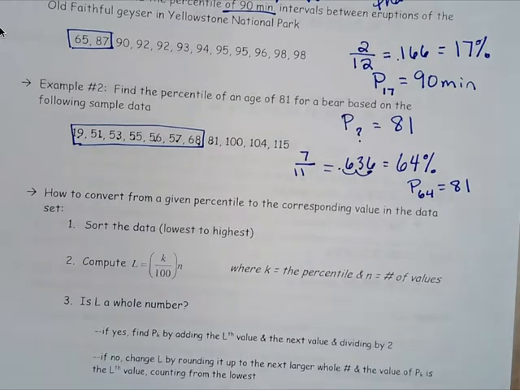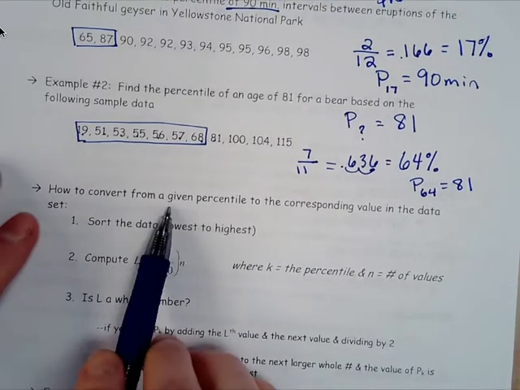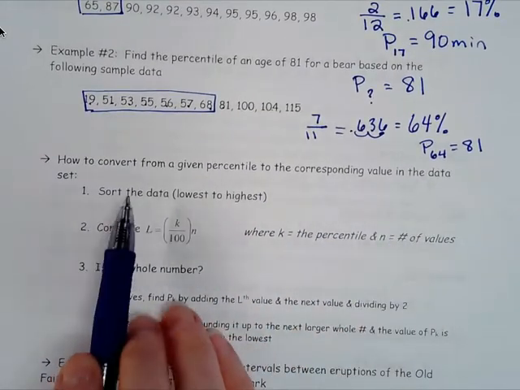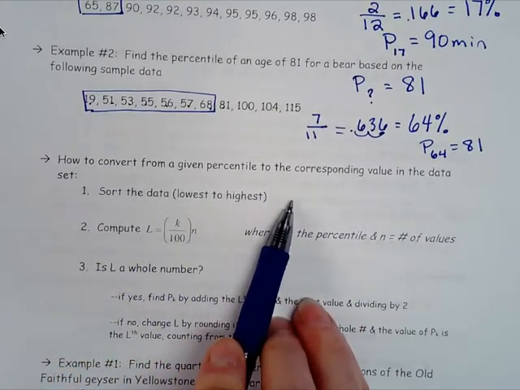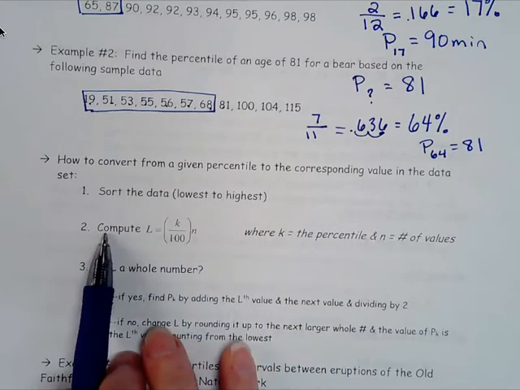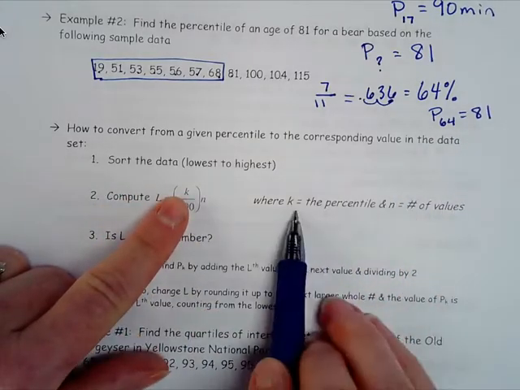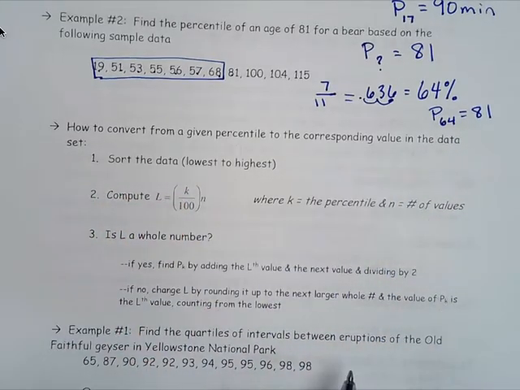Okay, so let's go the other way. How to convert from a given percentile to a corresponding value. So you'll sort the data from lowest to highest, and then you will do K over 100. So K is your percent. K is your percentile. N is your number of values.